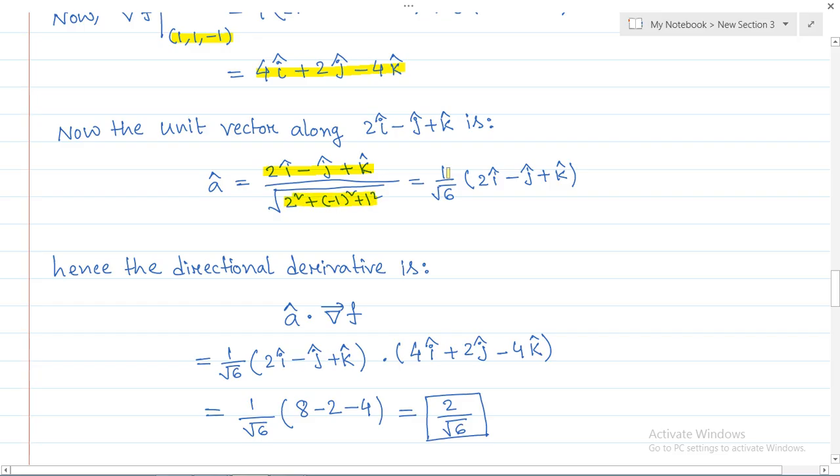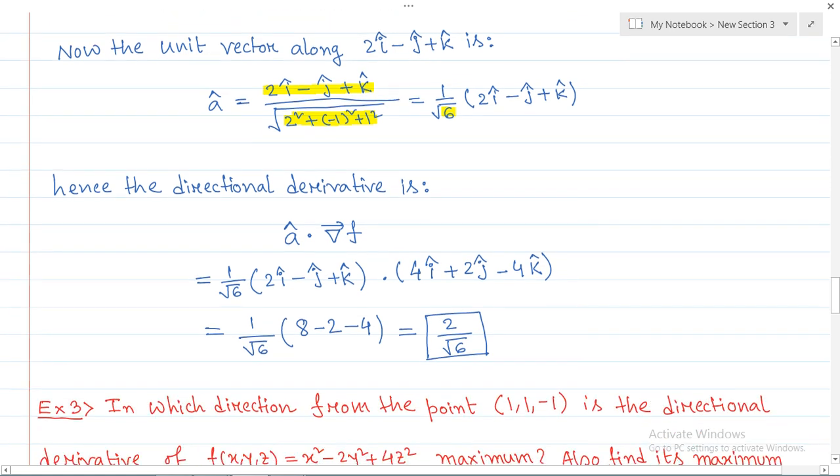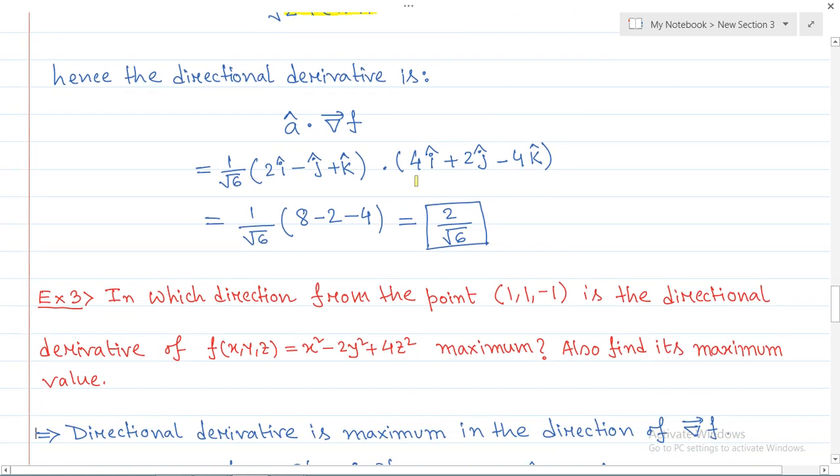So it comes 1/√6 (2i - j + k). What is the formula for the directional derivative? The unit vector is dotted with the gradient of f at that particular point, so a cap dot grad f. This is our a cap, and this is our gradient of f. So we just take the dot product of these two vectors.